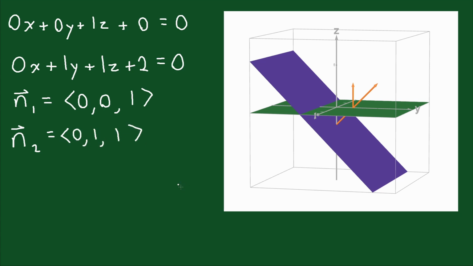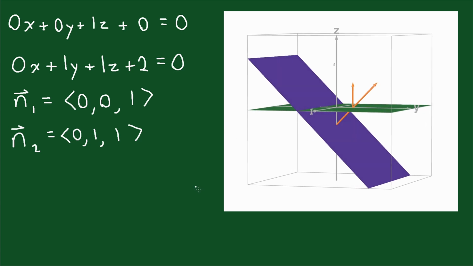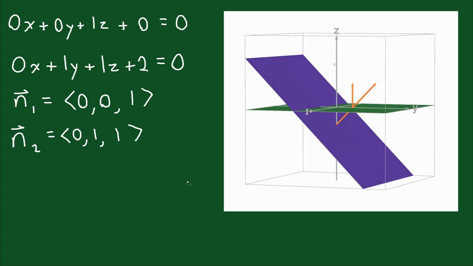Okay, perfect. Now, how do I find the angle between these two vectors? Well, if you ever need to find an angle between two vectors, you can simply use the dot product. Remember, the dot product says that two vectors dotted together will equal their magnitudes multiplied together multiplied by cosine of the angle theta, where the angle theta is the angle between the vectors.